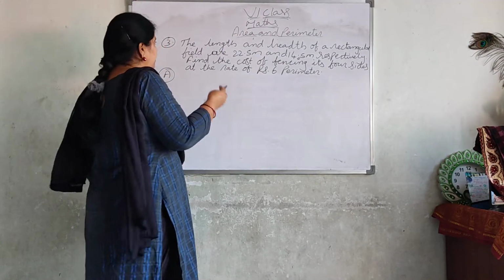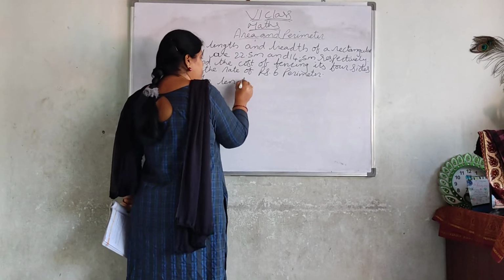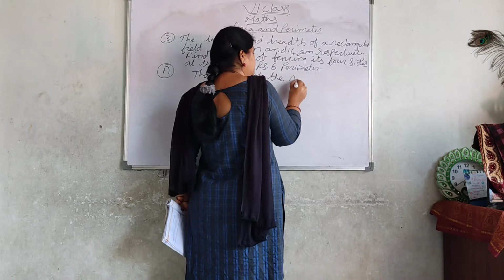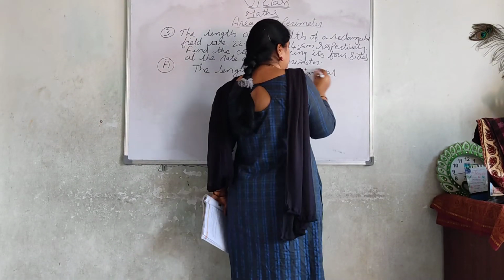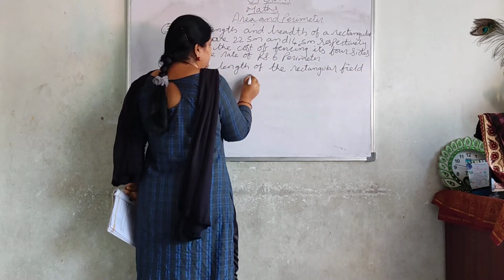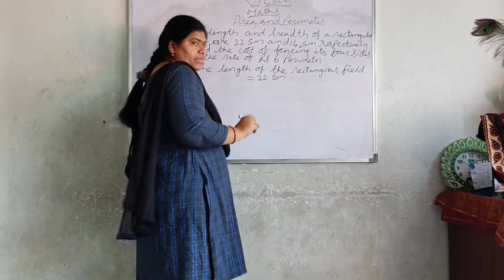The length of the rectangular field is equal to 22.5 meters.